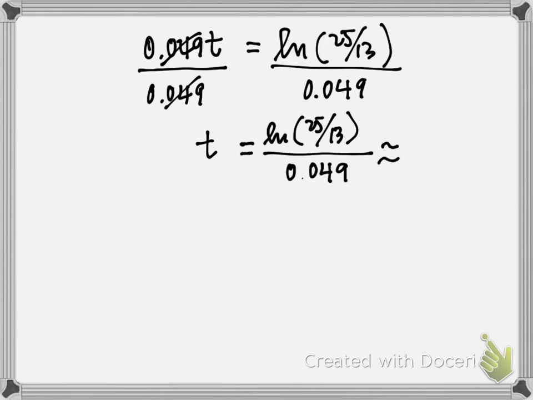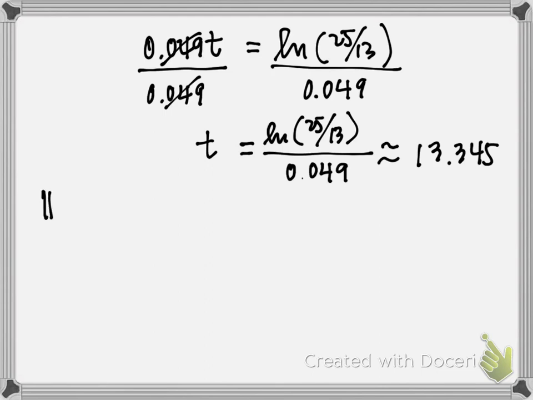Try this with your calculator, you should be able to get 13.345. At this point, you can always pause the video while you try to get that answer from your calculator.